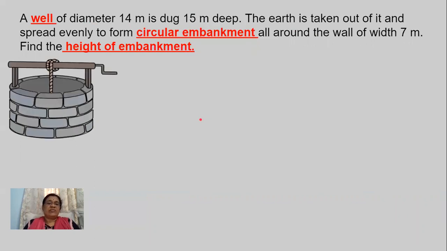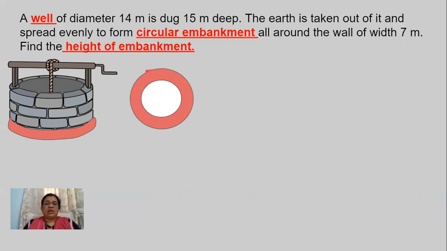See here, this is the well. And when you dig the mud and spread it evenly around the well, it will look like this. See here. So this is mud. You can't see the back portion, no? I have taken it like this. The mud will be like this around the wall.